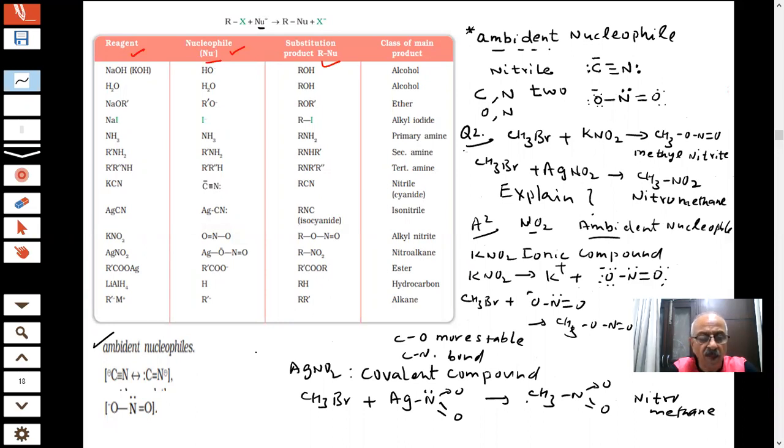All right. So we are very confident about these ambident nucleophiles. There's no problem. We will be able to do these questions in the exam.